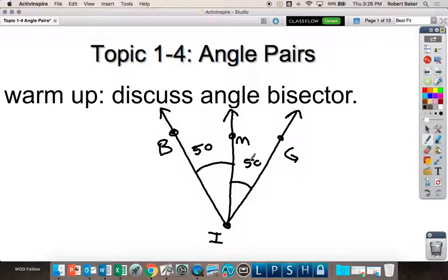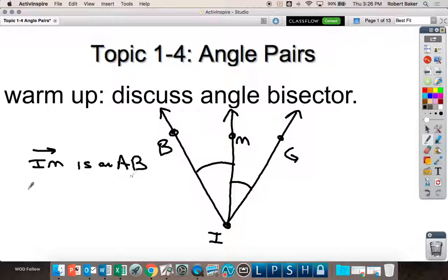On the back part of your homework, it's going to offer you guys something like that. It's going to say in words, ray IM is an angle bisector. What's that? Ray IM is an angle bisector.